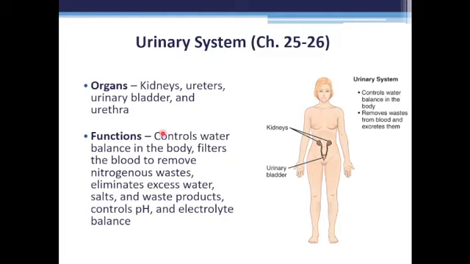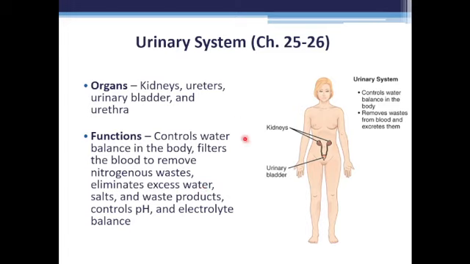The functions of the urinary system are to control water balance in our body. It filters the blood and removes nitrogenous waste, eliminates excess water, salts, and waste products, and controls pH level and electrolyte balance. When we drink water, it goes out right here. It eliminates excess water. That's what we call urine.